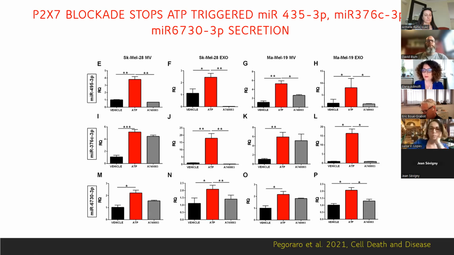But there is no good pharmacological option to block release of these miRNAs and to block release of microvesicles. Thus, P2X7 receptor could be a good target for this kind of therapy to prevent microvesicular release in cancer.